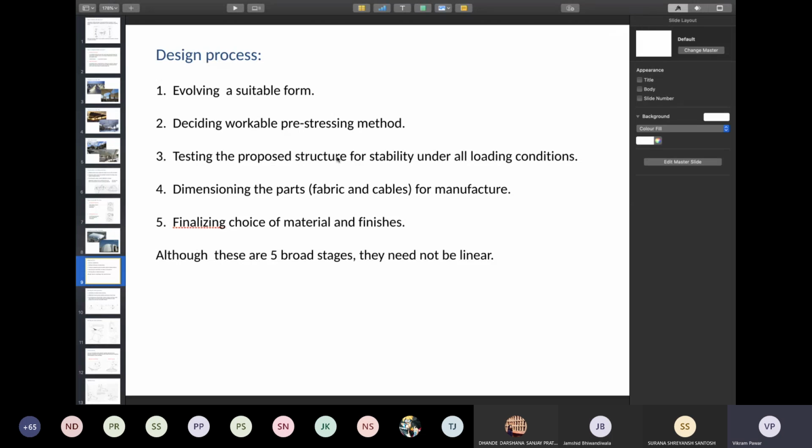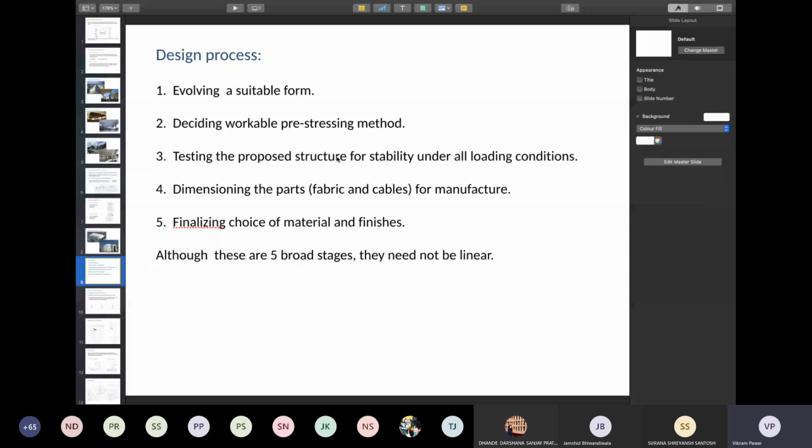The fourth part gets into the construction bit of it, where we talk about dimensioning of the parts, both fabric and cables, for the manufacturer. Please remember that just because it's a tensile structure doesn't mean it is a stretchable structure. None of the components have the dimensional ability to stretch or alter.